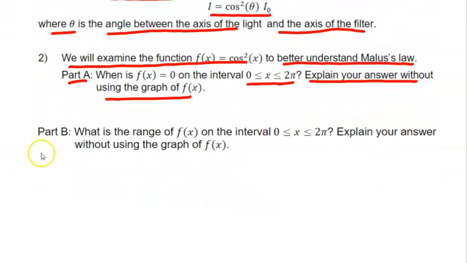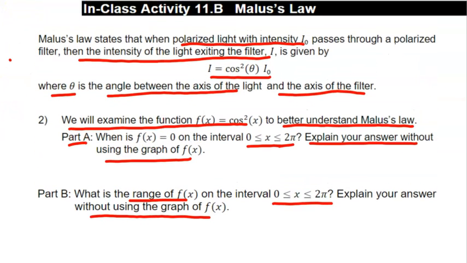Part B. What is the range of f of x on the interval 0 is less than or equal to x and x is less than or equal to 2 pi? You want to explain your answer without the use of graphs. I want you to pause the video, think about these questions, and come up with some answers. We'll discuss it later.